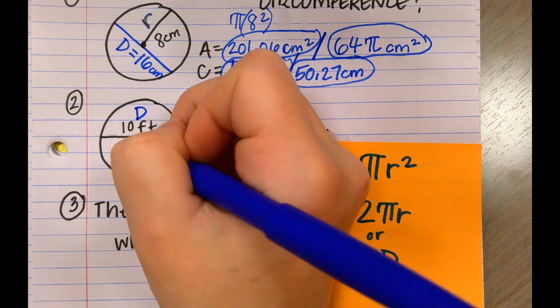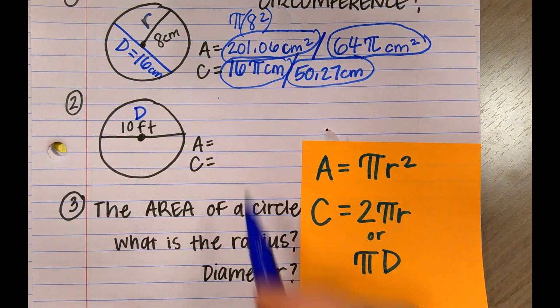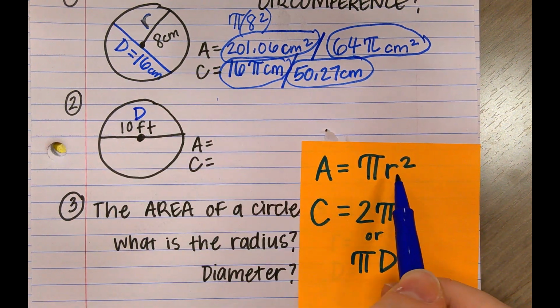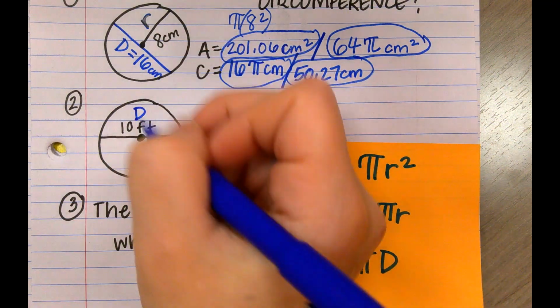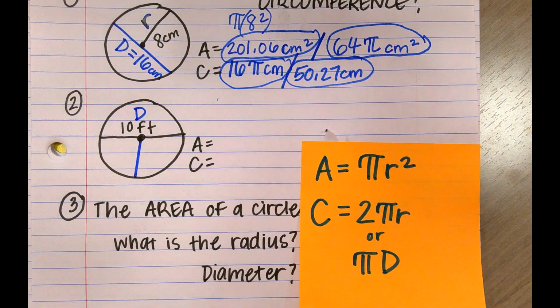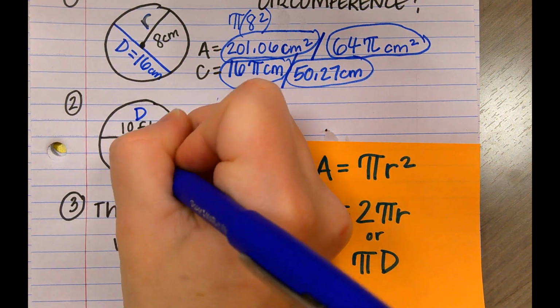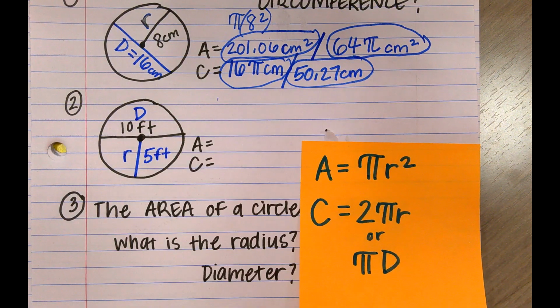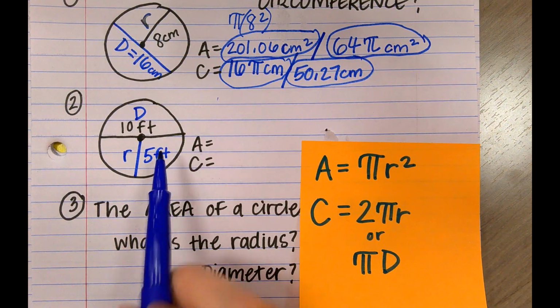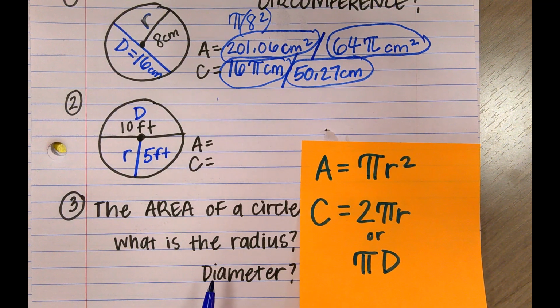So if the diameter is 10, I'm going to need the radius to find the area. And we know the radius is half. So the radius is 5 feet. So now that I know the radius, how do I find area?